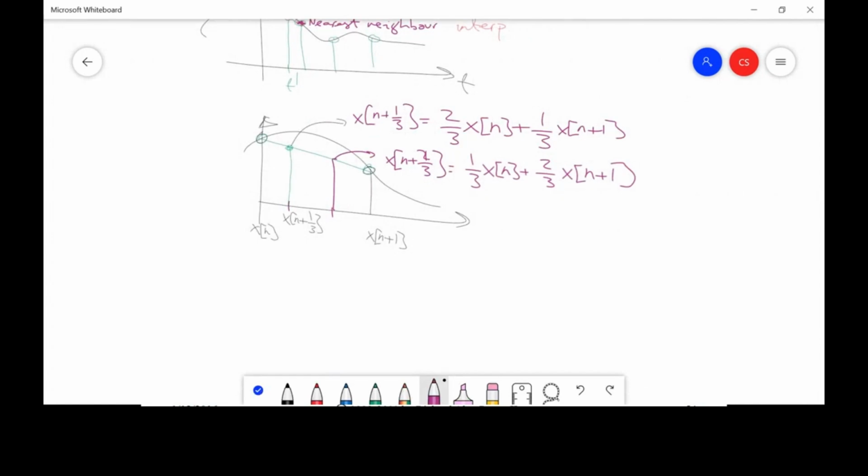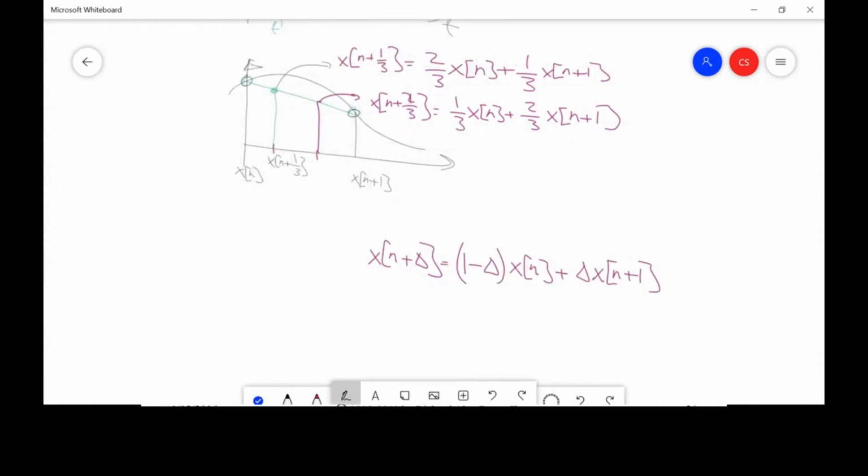So x of n plus delta is 1 minus delta times x of n plus delta times x of n plus 1. You see? They work also very nicely for the corners.